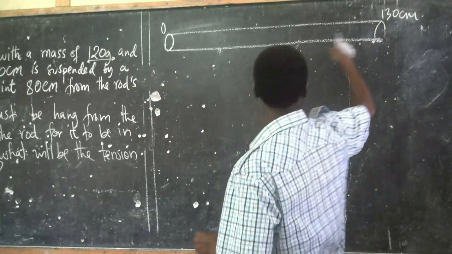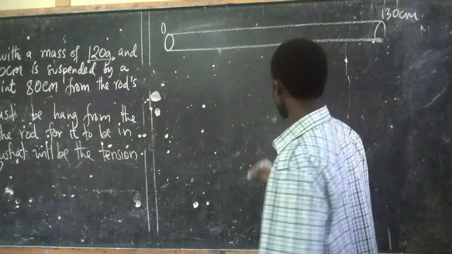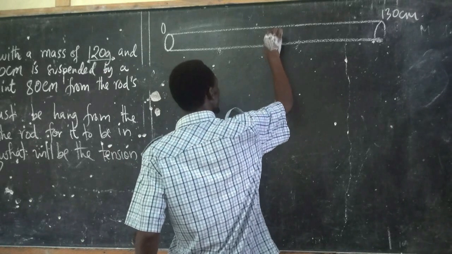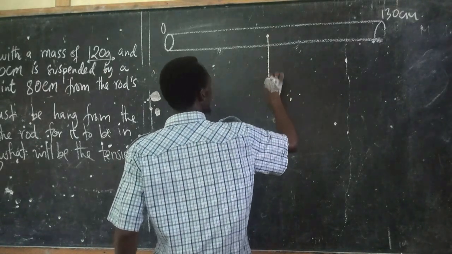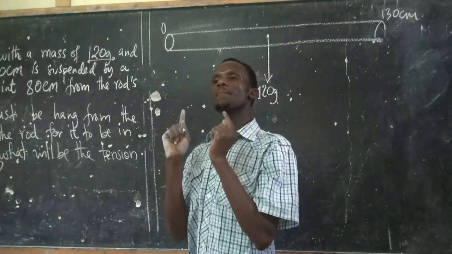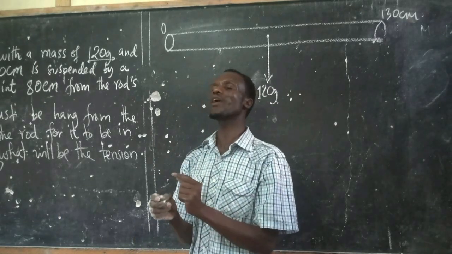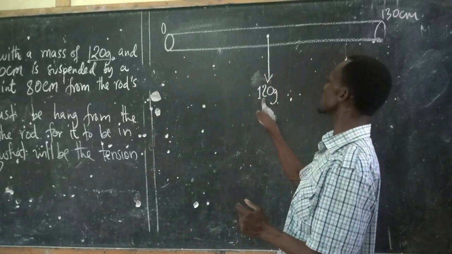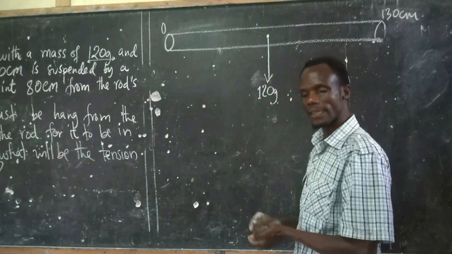Now, the center of 130 is 65. This 120 is hung there because the mass of the uniform rod is suspended at its midpoint. Because the mass of an object is already concentrated at its center, that's why we have placed 120 at its center.